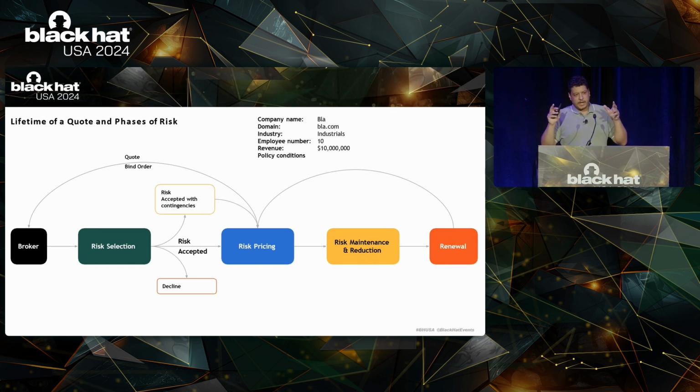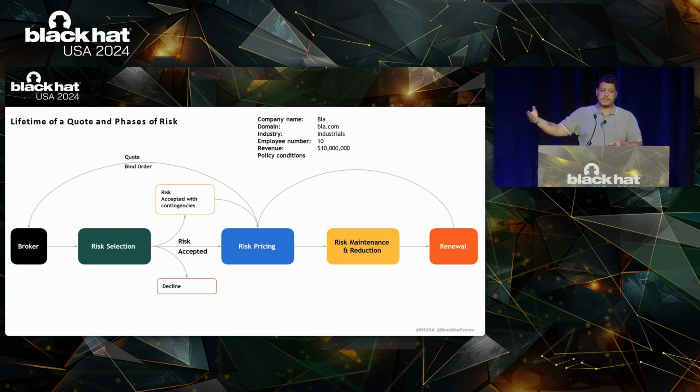So the lifetime of a quote goes like this. A broker will send us a quote. Typically the most basic quote inputs are the things you see at the top: essentially company name, a domain, an industry, the number of employees, revenue, and whether they want a 1 million, 2 million, or 5 million limit. And we grab those things. It goes through a phase of risk selection, and out of risk selection, it can come out with a clean quote, a quote with contingencies, or a decline.